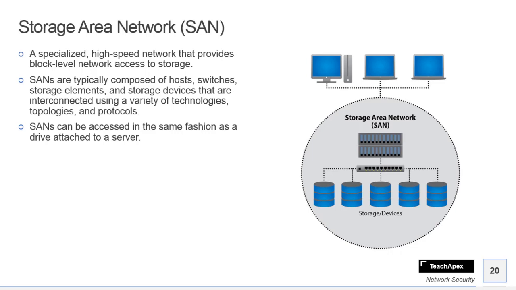SANs are typically composed of hosts, switches, storage elements, and storage devices that are interconnected using a variety of technologies, topologies, and protocols. This is basically used for storing your data. It's a storage area network.